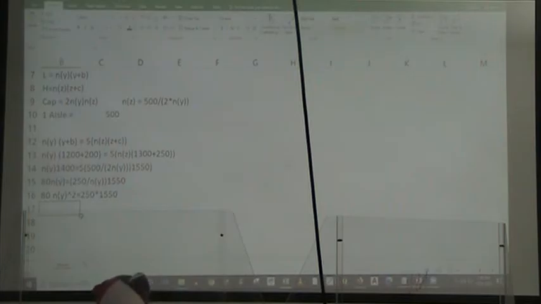Divide both sides by 80. Gives us ny squared equals 250 times 1550 divided by 80.